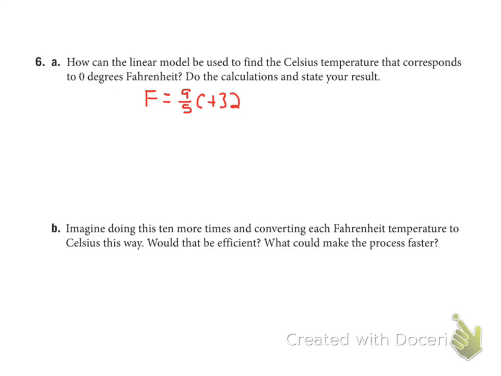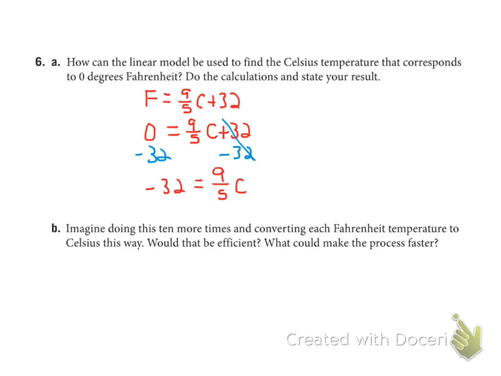You put 0 in for that. Very good. Just put 0 in for the F. And now we have to work that out. What's our first step going to be? Subtract 32. So negative 32 is equal to 9/5 C.